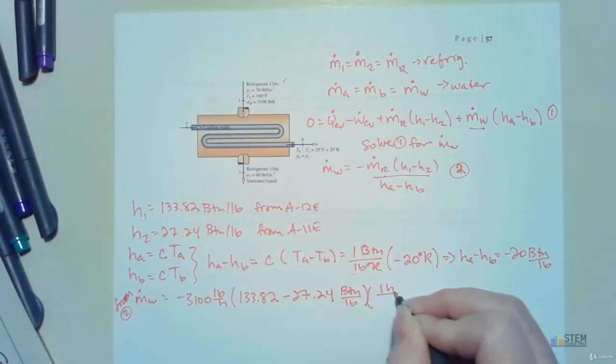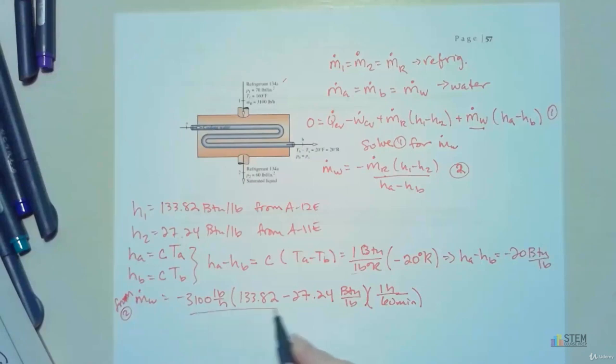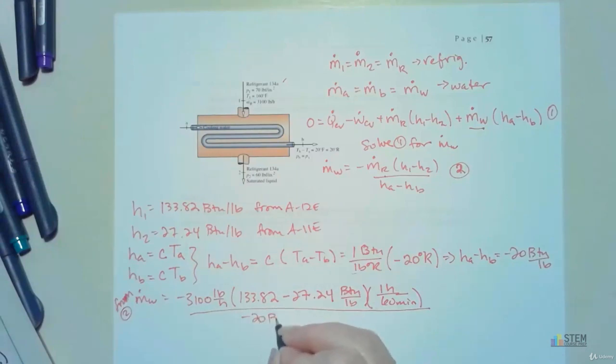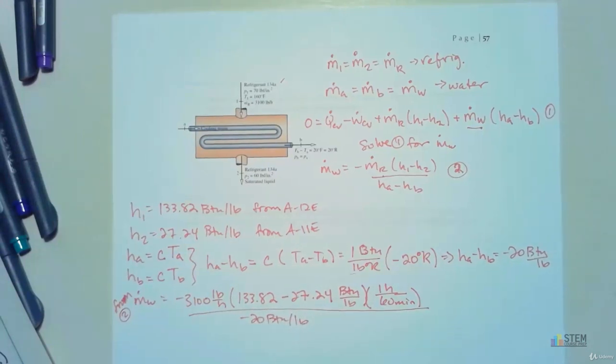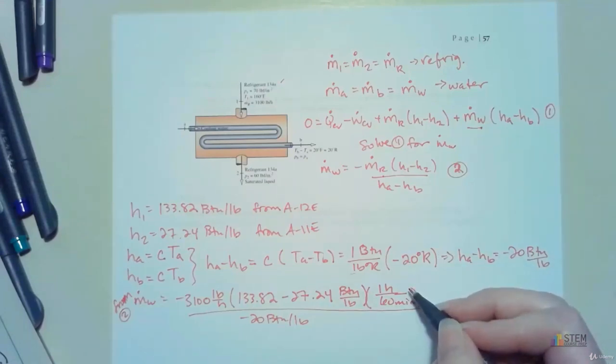Multiply it by 1 hour per 60 minutes. And I'm putting it in minutes because we want volumetric flow rate to be in gallons per minute. So let's go ahead and convert over. Then we divide by our HA minus HB, which we already said was negative 20 BTU per pound. Now let's look at our units here.